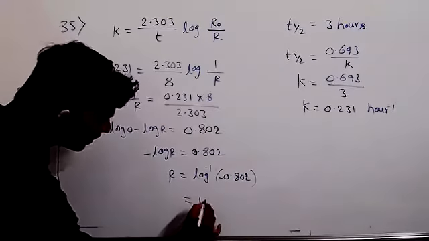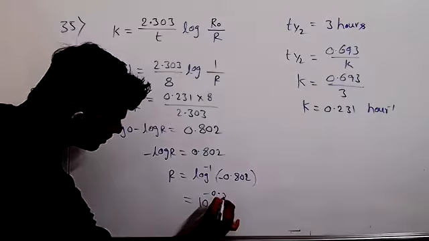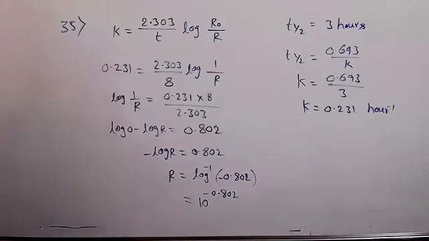Log inverse means 10 power, so 10 power minus 0.802. Calculate this value and we can get the final answer. We're getting 0.1577.